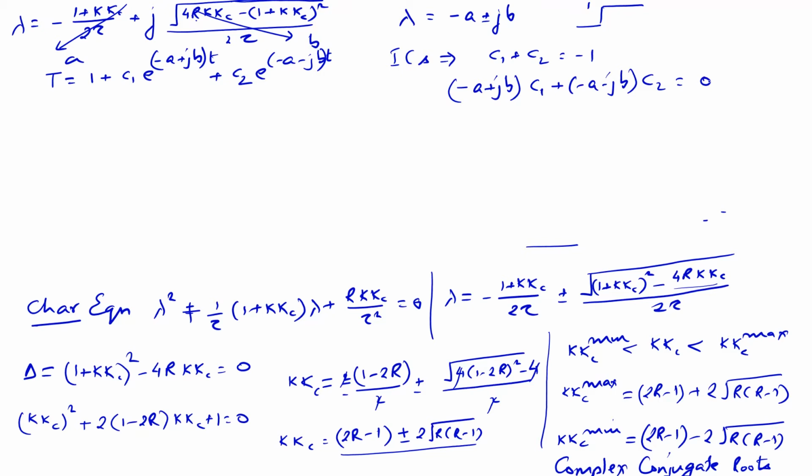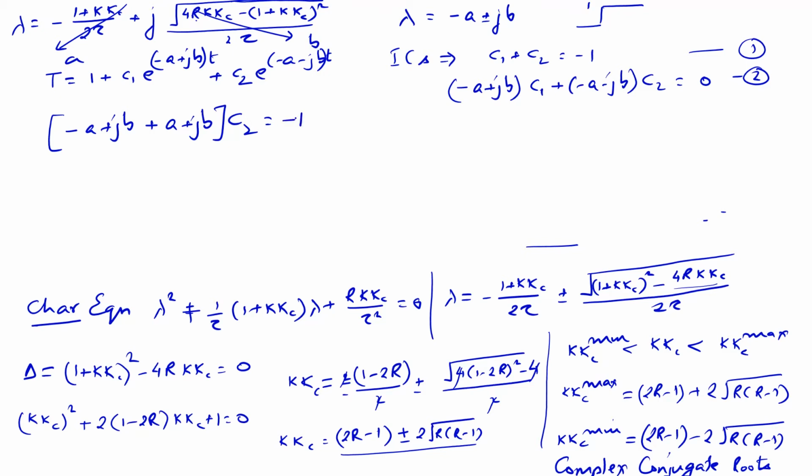And now what we will do is, if you multiply the top equation by minus a plus jb and subtract the second, then what you will get is (a plus jb) times C2 should be equal to minus 1.